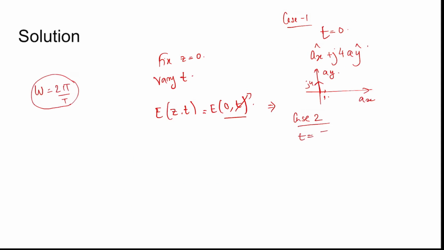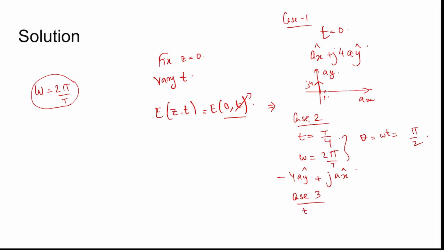After that, let t equal to T by 4, with omega equal to 2π by T, so θ equals omega t equal to π by 2. e to the power jπ/2 is j, so multiply this with a j, so it becomes minus 4ay hat plus j ax hat.